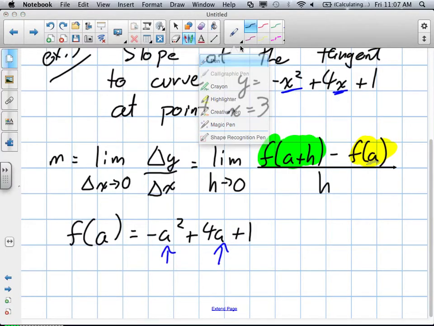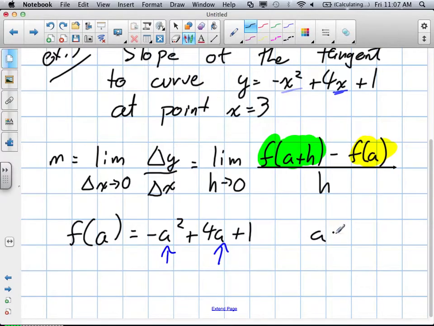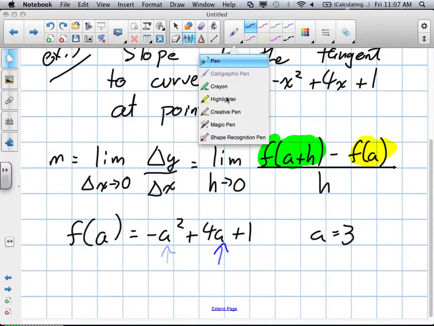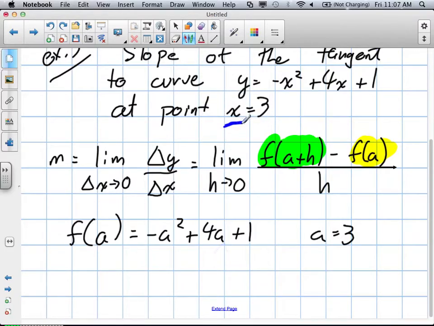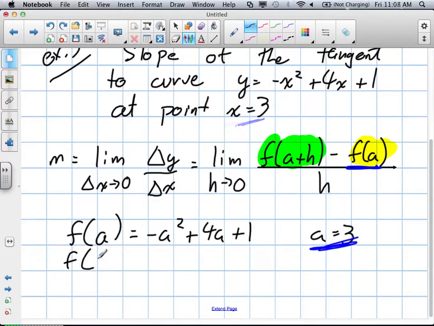And we're finding this, f at a, when a is equal to 3, or in other words, when x was equal to 3. That's what this was. Our x is equal to 3, so our function of a is going to be f at 3. So I now go f at 3 is equal to, and I plug 3 into our equation. We have negative 3 squared plus 4 times 3 plus 1.